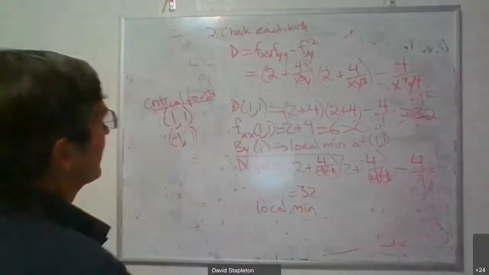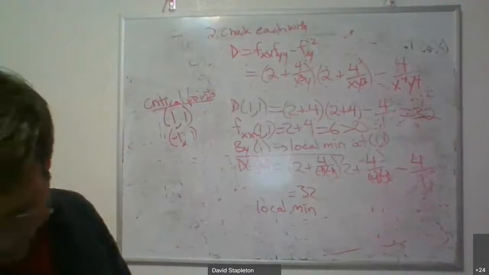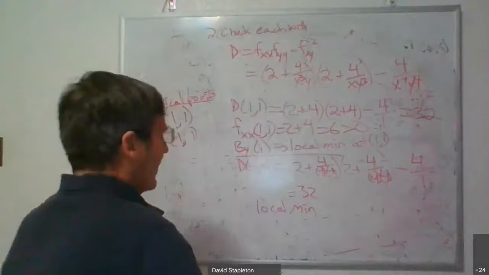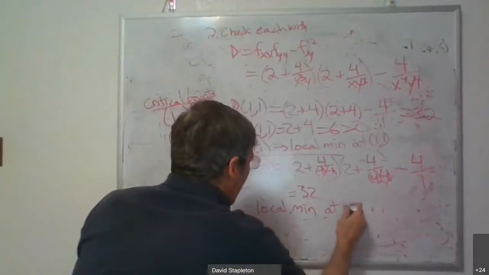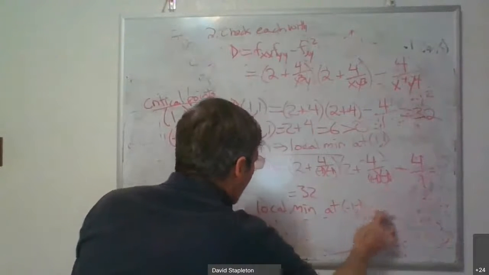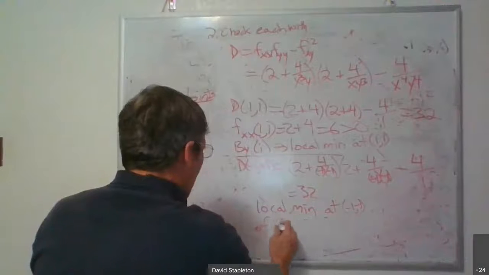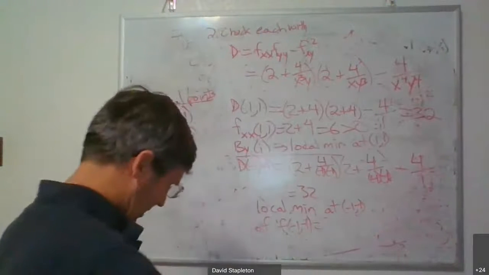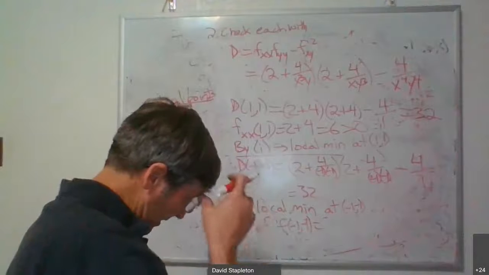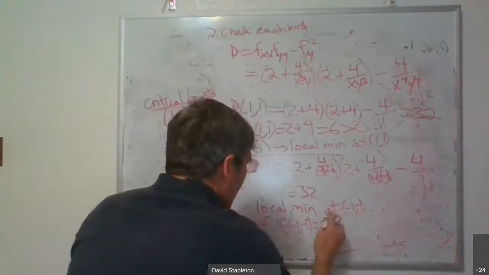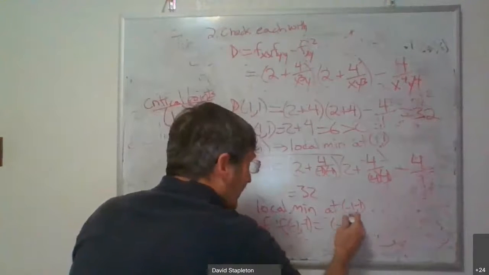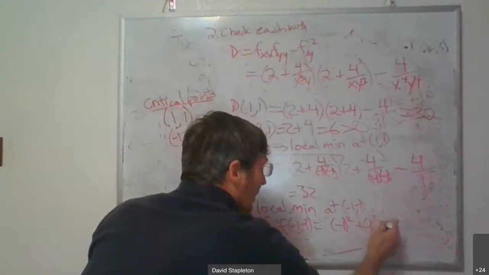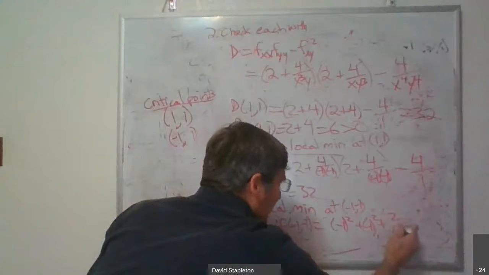And if the local minimum is the value of the original function, the local min at minus 1, and it's half of minus 1. Let's see, was minus 1 squared plus minus 1 squared plus 2 over minus 1.